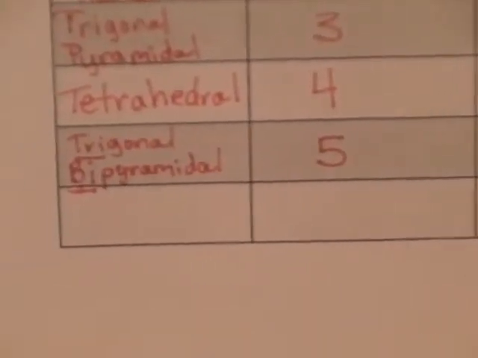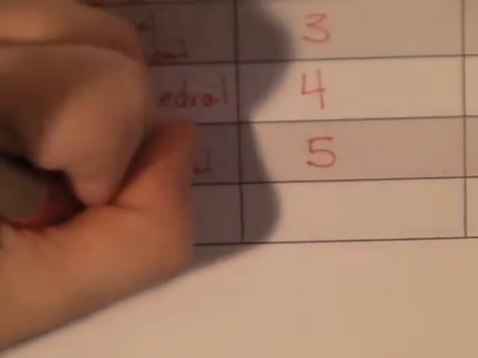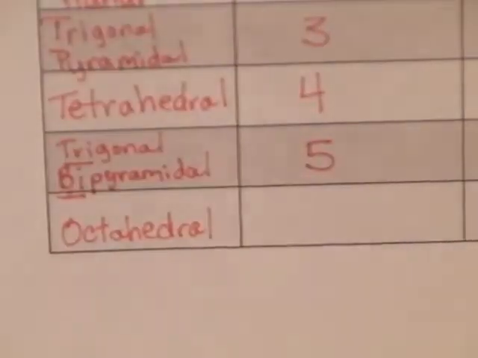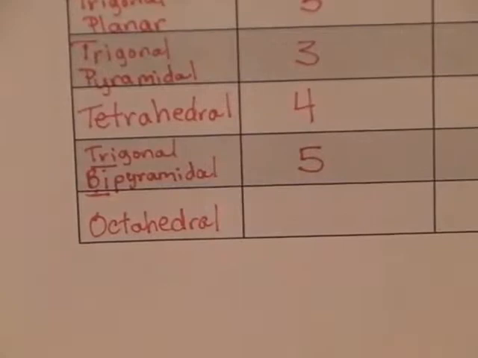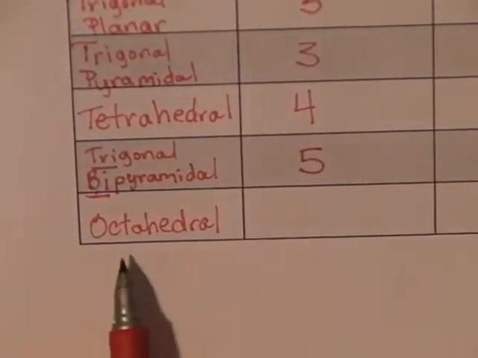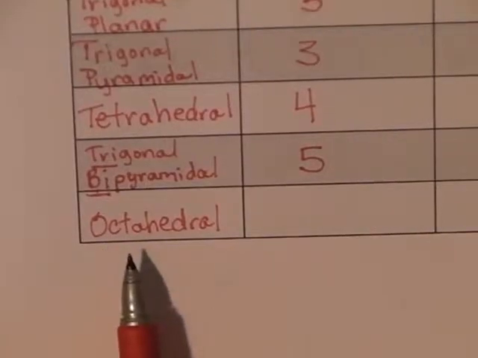Our last shape is called octahedral, and this is going to take some explaining, so I apologize in advance. As I said, this is where it gets weird. We know octa means 8, right?